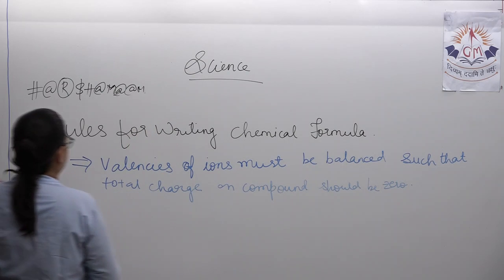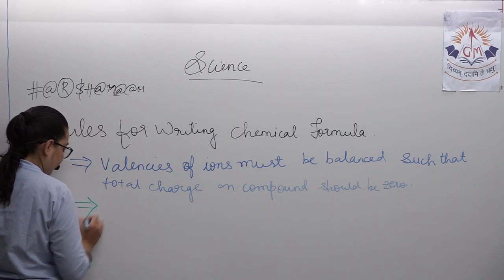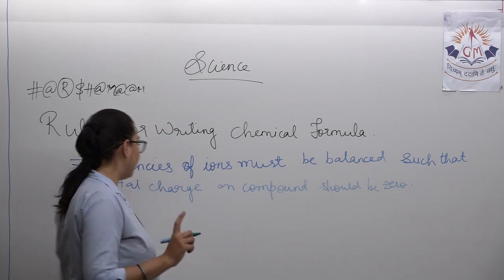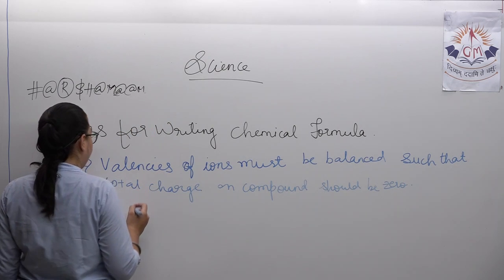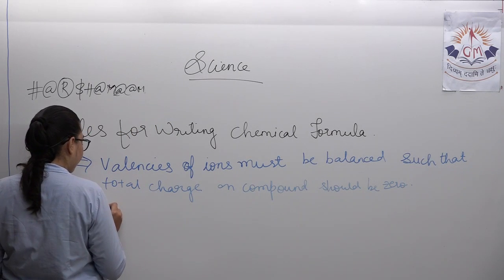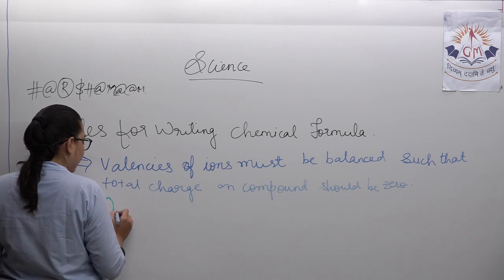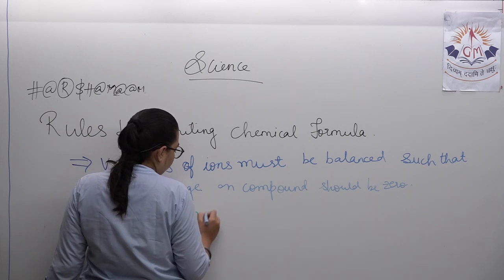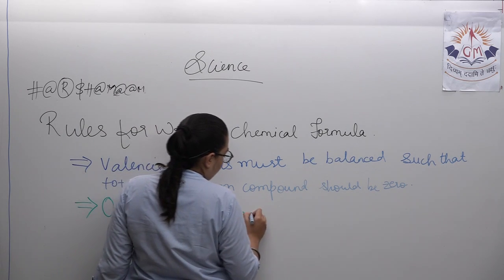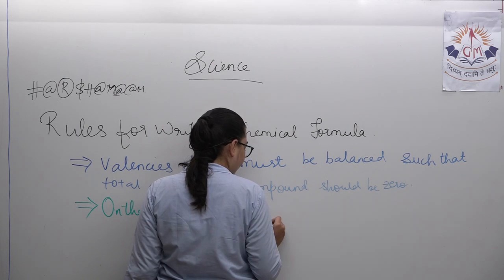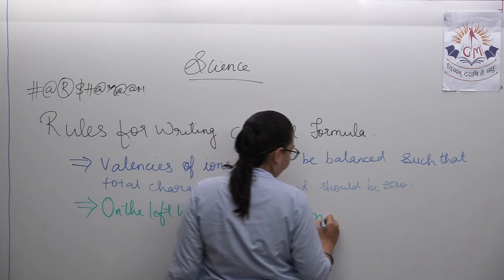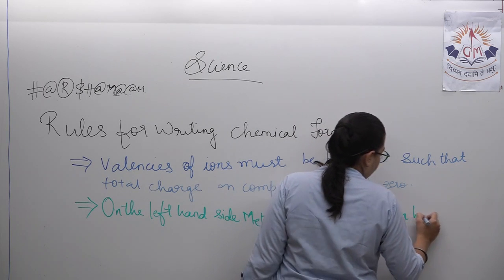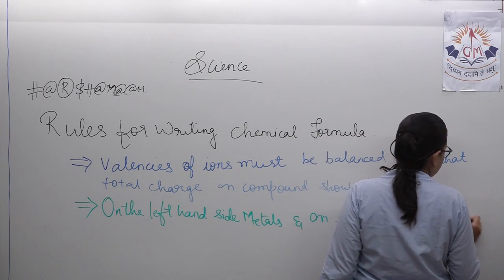Second thing, the second important thing for writing a chemical formula is this: on the left hand side, metals, and on the right hand side, non-metals are written.